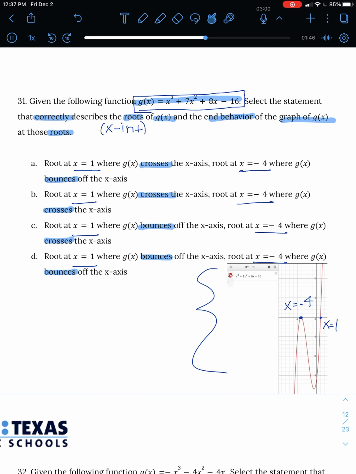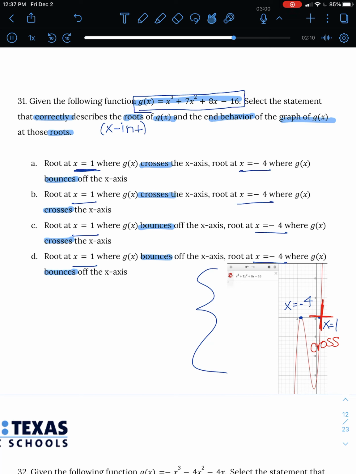So I'm going to start off with x equals 1. I'm going to look at x equals 1 and see what's happening with my graph. I notice that it is crossing the x-axis. So at this 1, I want it to cross.